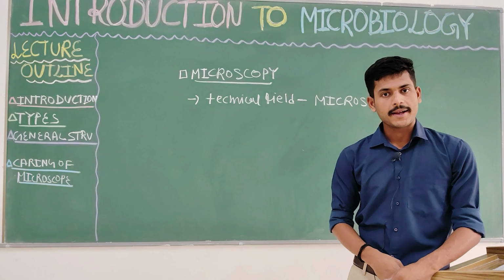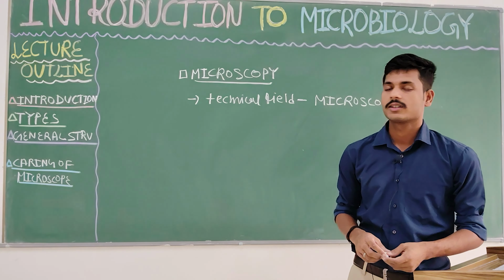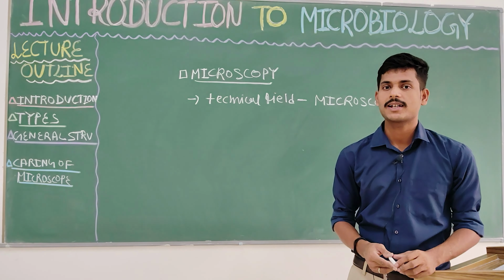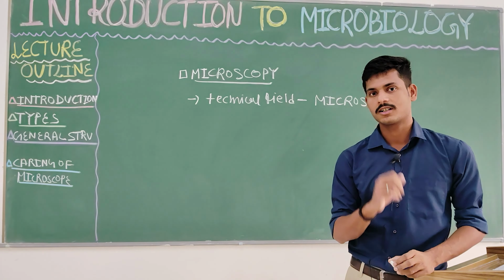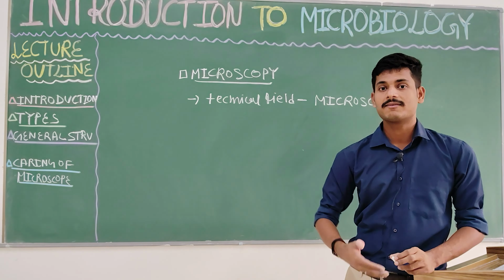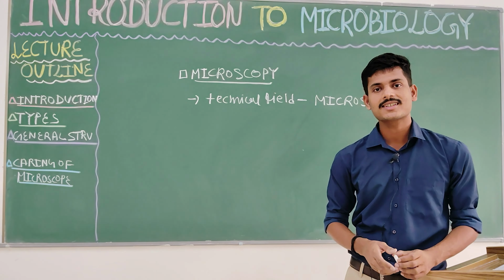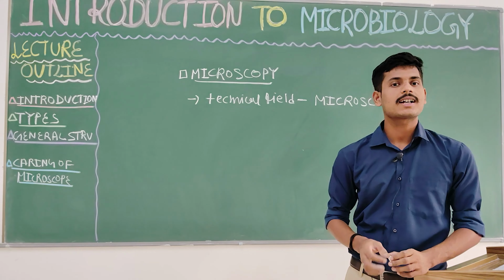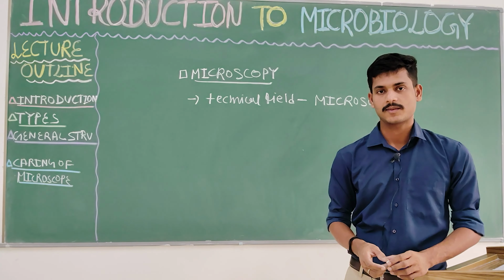When we described the history of microbiology, we saw that the first microscope was discovered by Galileo Galilei. Then there was advancement, and a special kind of microscope called the electron microscope was discovered by Ernst Ruska.